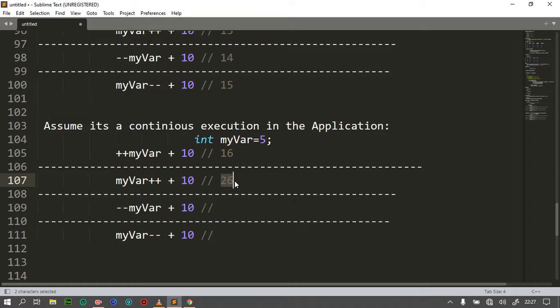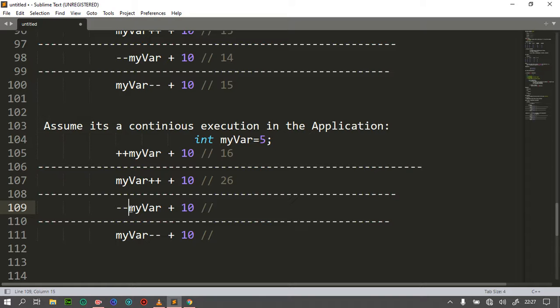But remember, as we leave, this post increment takes effect. So myVar, which was 26, is going to be 27. If it becomes 27, then it reaches line 109.